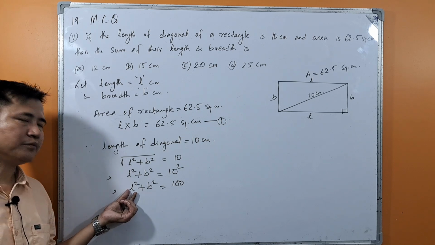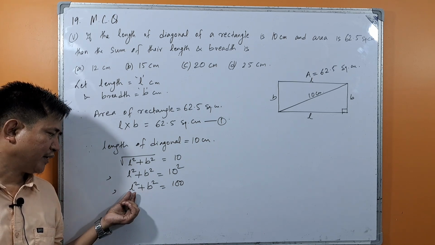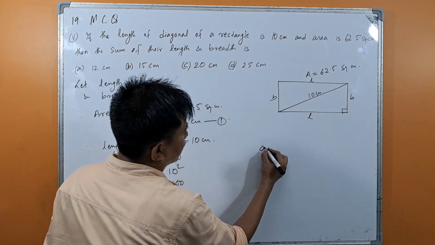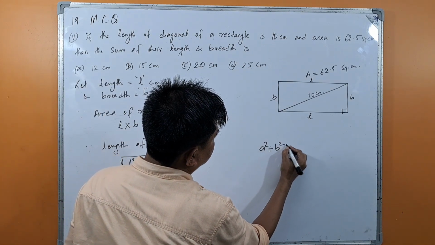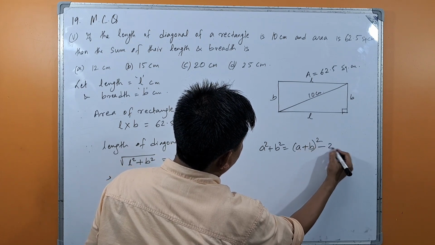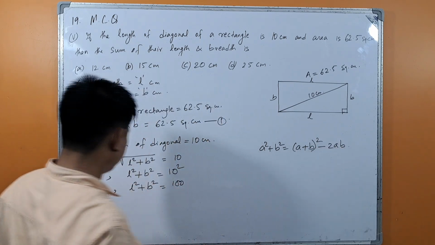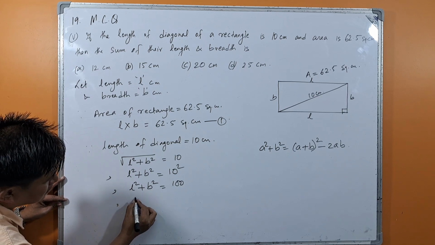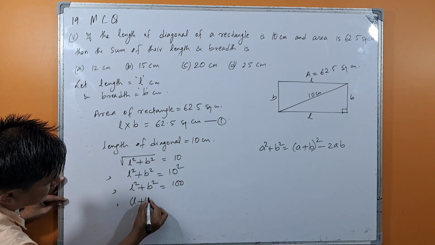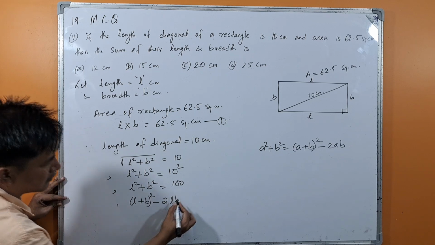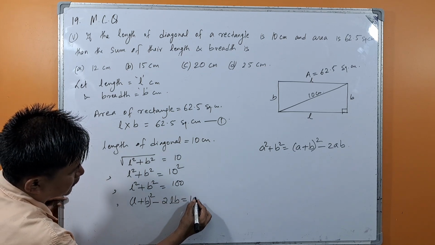Now we can assume this as A and this as B. So A square plus B square. Formula for A square plus B square is A plus B whole square minus 2AB, isn't it? Or L square plus B square is L plus B whole square minus 2LB, okay, equal to 100.